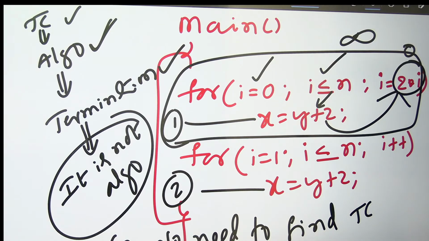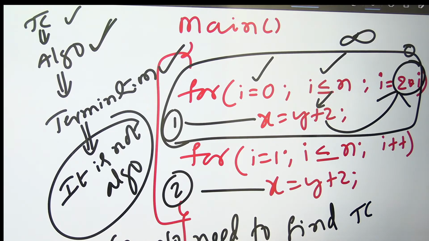There is no stack overflow. If you keep on calling a function again and again, then stack overflow. You may like the stackoverflow.com website very much, but it doesn't mean that every time you will say stack overflow.